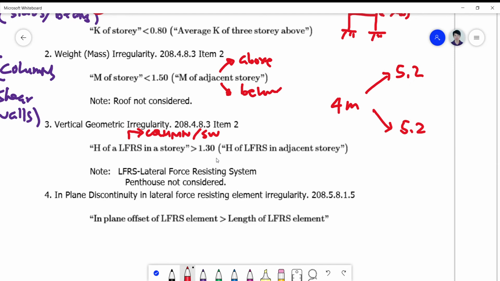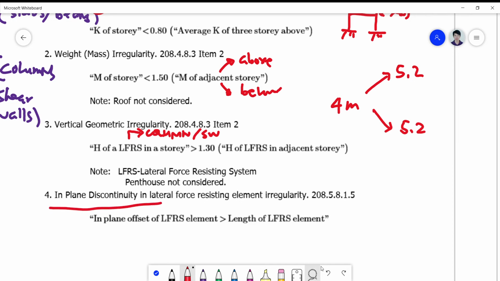So for number 4, in-plane discontinuity in lateral force resisting element irregularity. Okay, so with the word in-plane discontinuity and out of plane, you have two types of discontinuities here. But for vertical, we are more on the in-plane discontinuity.